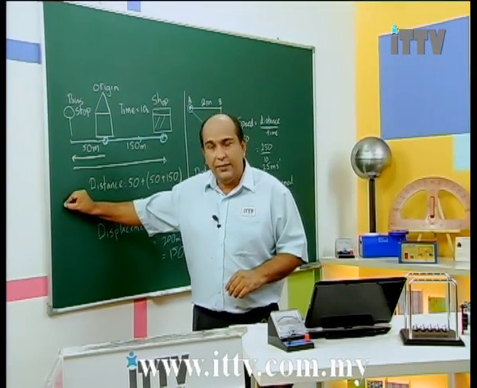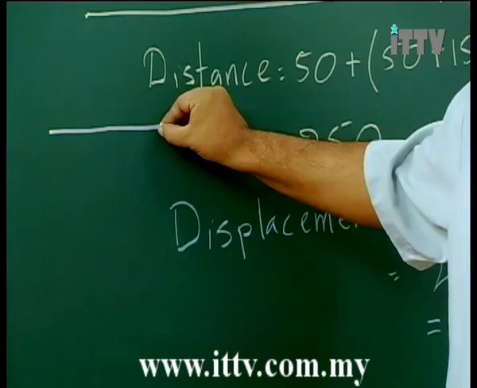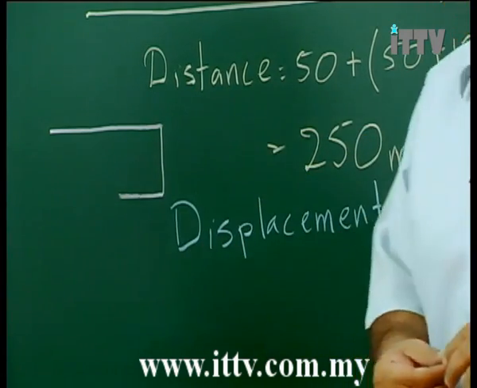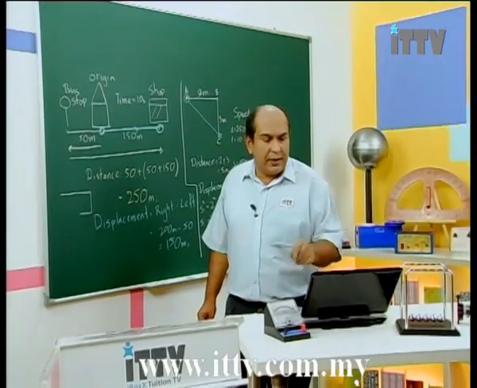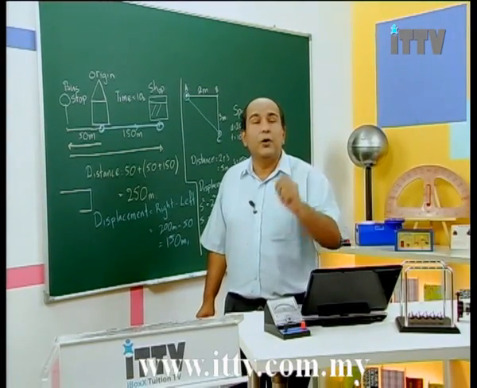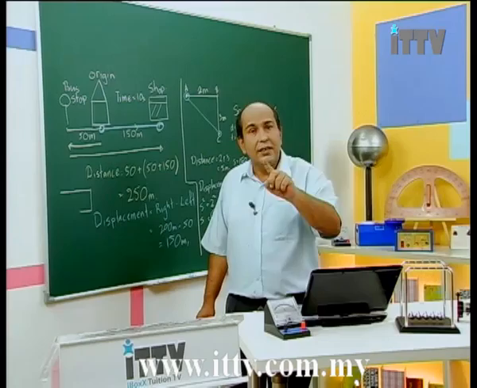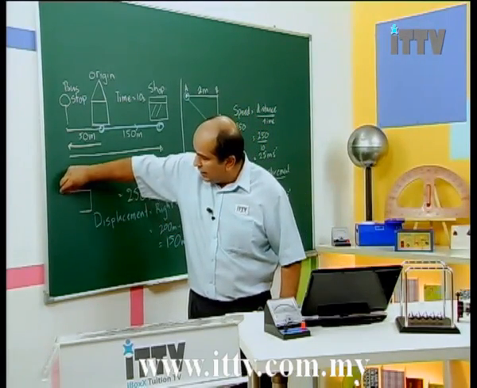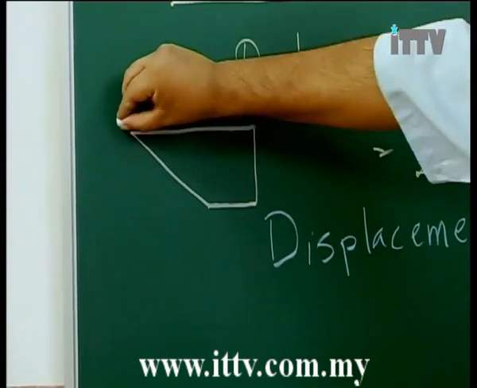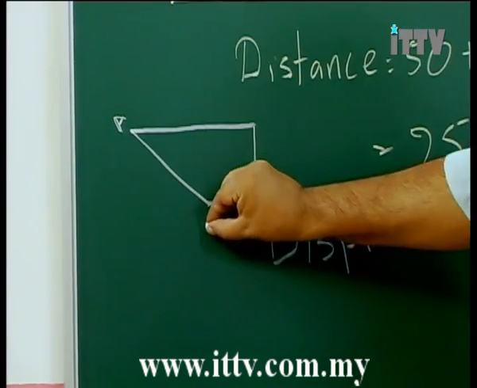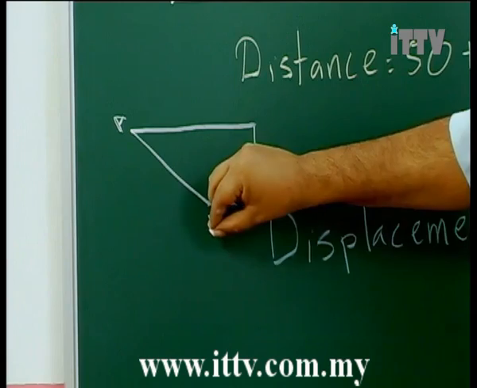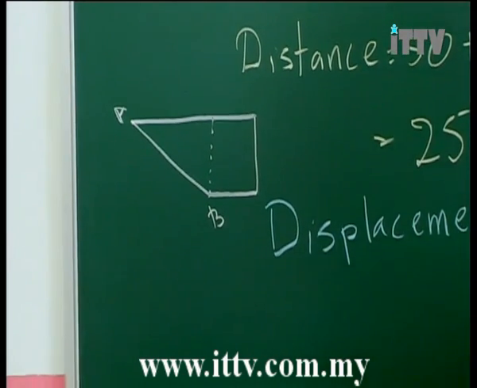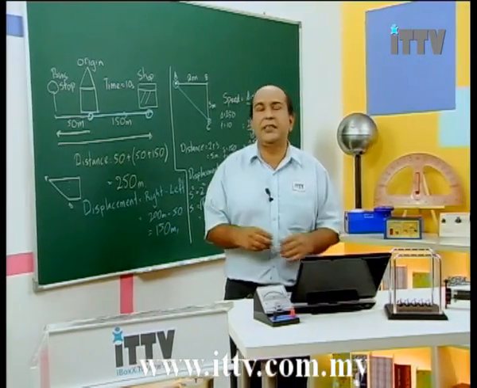You start here, you moved like this, you moved downwards, and then you moved backwards. Remember, the question is asking for displacement. We want to go from the start to the end, which means that you should be connecting your start to your finish. You need to calculate that. So make yourself a triangle and use Pythagoras theorem.